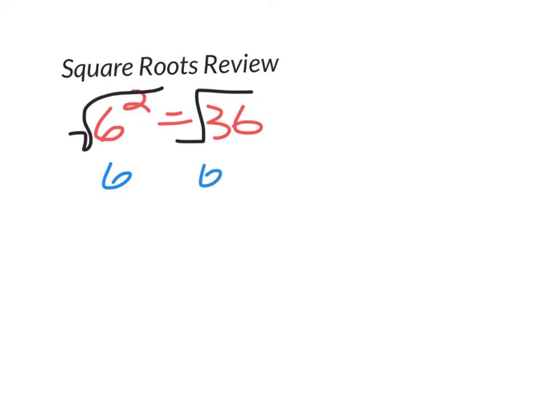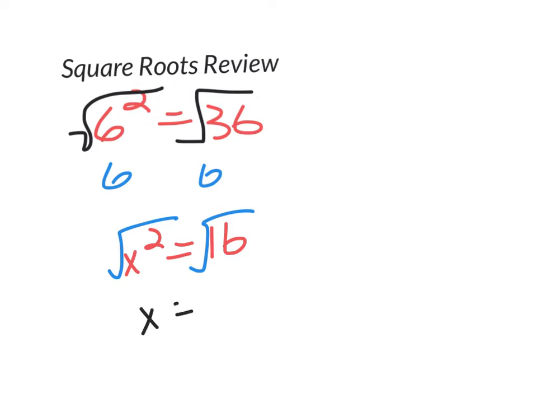And the reason I'm showing you that is because what is also true is if we have x squared equals 16, then we know that the square root of x squared is equal to the square root of 16. Therefore, x equals 4, because the square root of 16 is 4. However, it's actually not just 4.